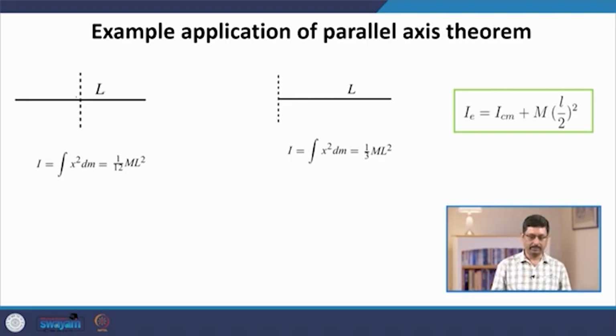If you apply the definition, with any point at distance x from the center of mass, and consider an axis perpendicular to the line, then it is easy to show that the moment of inertia about the axis passing through the center of mass is 1 by 12 m L square, where L is the length of the rod.